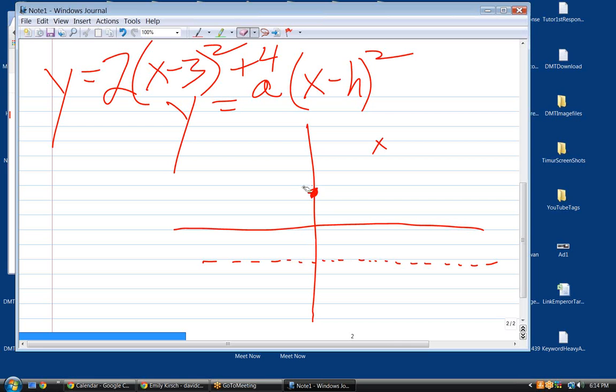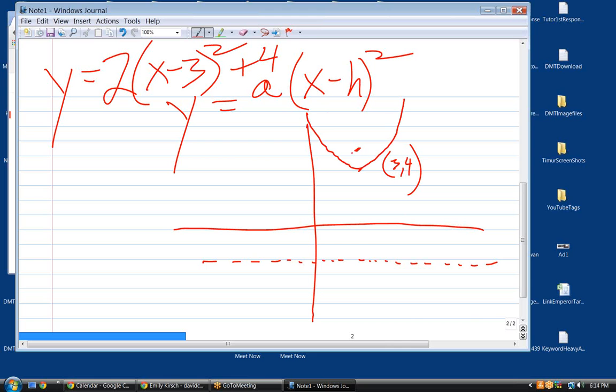Let's start with the vertex. Let me draw the correct picture of it. Where's the vertex? It's at 3, 4. Let me make that a point right there. Does it open up or down? It opens up. So that's kind of what we're looking at.